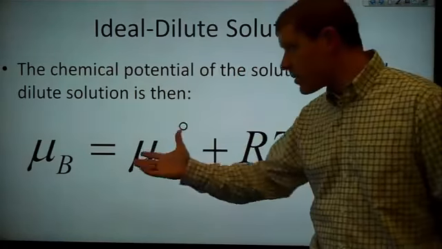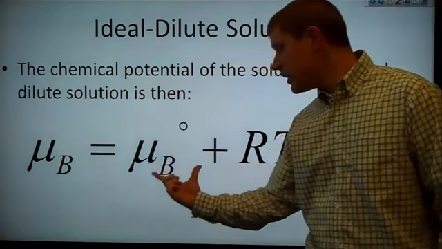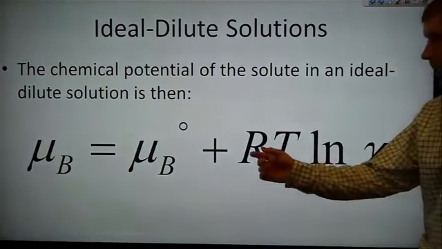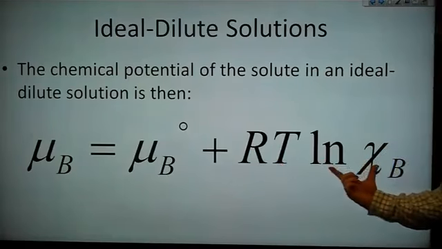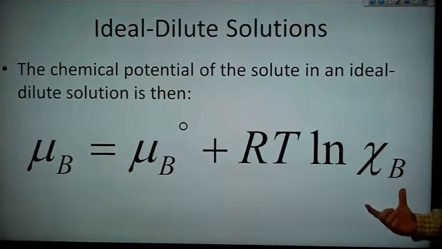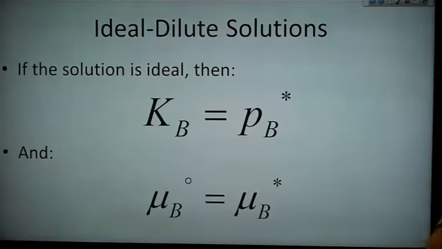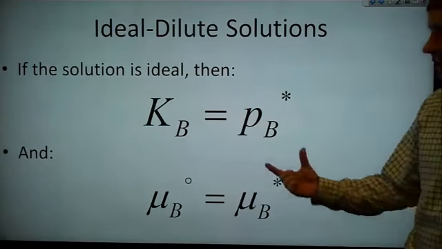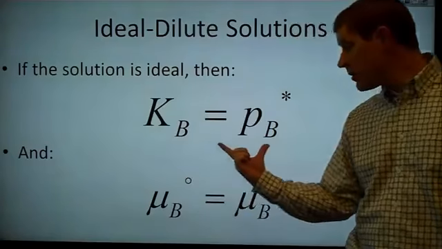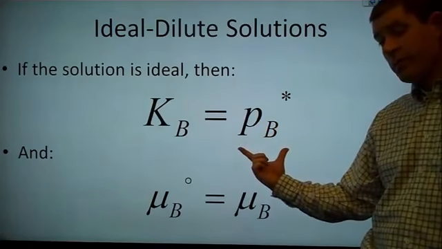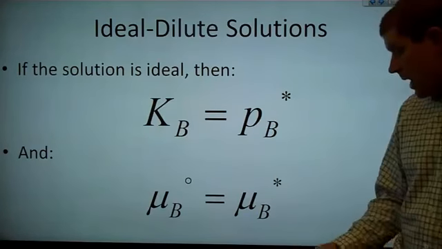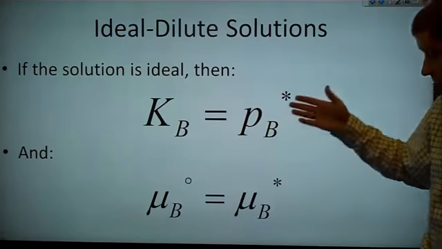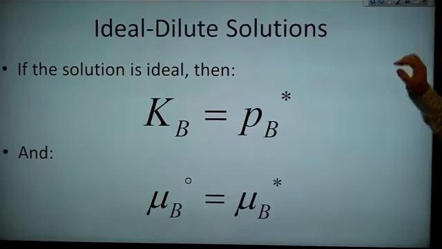And that means that now we can simplify our chemical potential of B to be our mu B naught term plus R times T times the natural log of chi B, the mole fraction of B. And if the solution is ideal, then Kb is equal to the vapor pressure of B when it's pure. And that means that mu B naught is equal to mu B star.